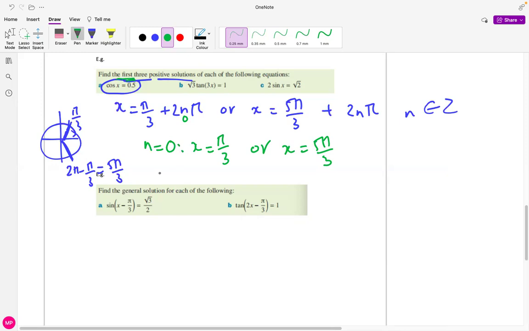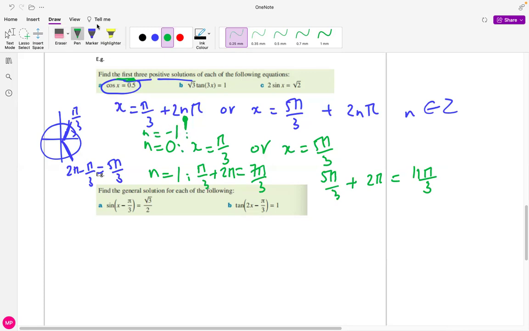Now if we increase to n equals 1, substitute n equals 1 in here: you will have pi/3 plus 2 times 1 times pi, so pi/3 plus 2 pi gives you 7 pi/3. And if you do the same thing here, you have 5 pi/3 plus 2 pi, that gives you 11 pi/3. So we have more positive solutions here. What about n equals negative?